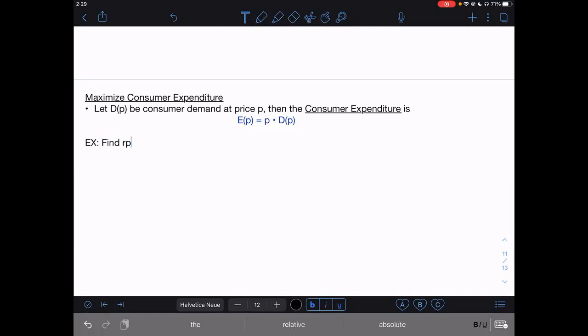Suppose we want to find a price that maximizes consumer expenditure if our consumer demand function is as follows.